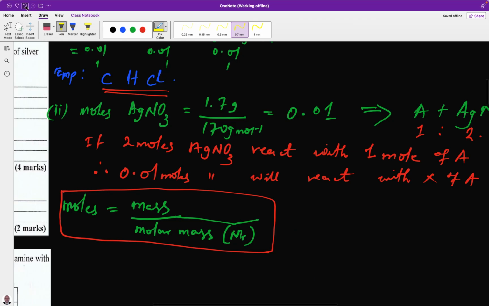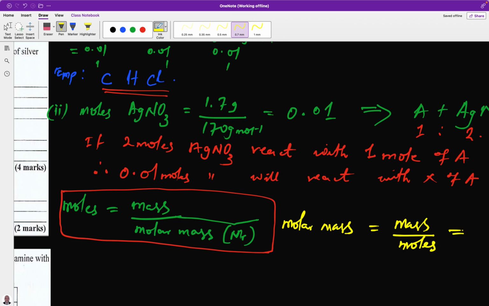We have been asked to look for the molar mass. So I say moles equals mass divided by molar mass. Rearranging it, the molar mass, which is MR, will be equal to the mass divided by the number of moles.